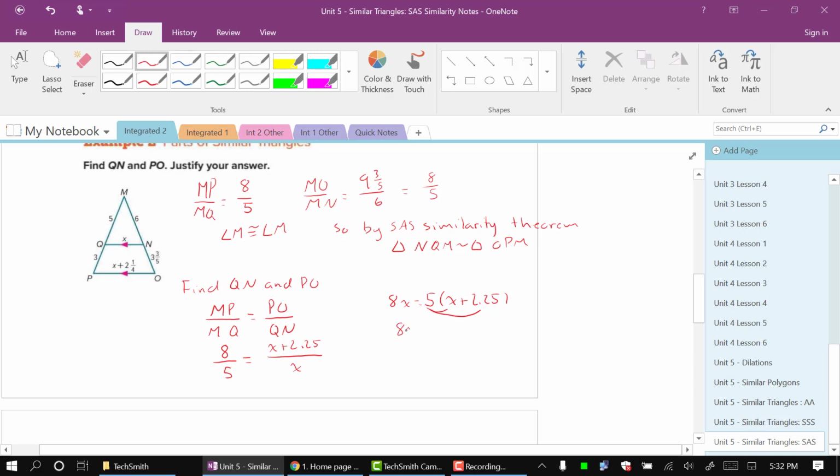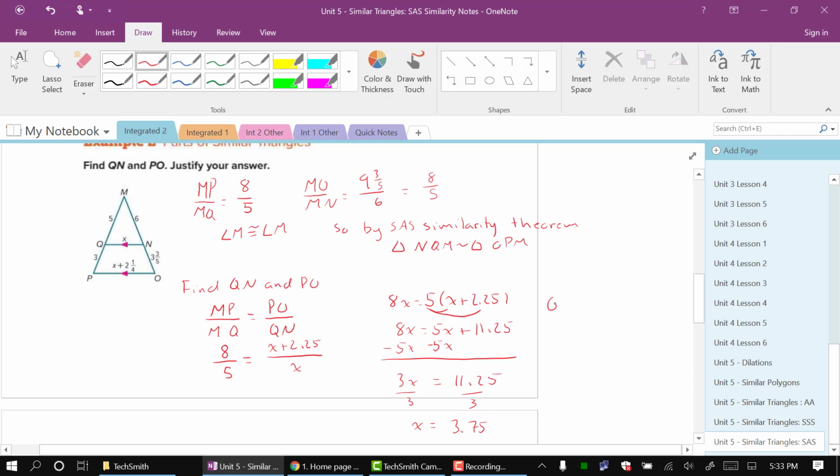This gives me 8x equals 5x plus 11.25. Get rid of the smaller x because I only want x on one side, so minus 5x on both sides. That gives me 3x equals 11.25. Divide by 3. X equals 3.75.